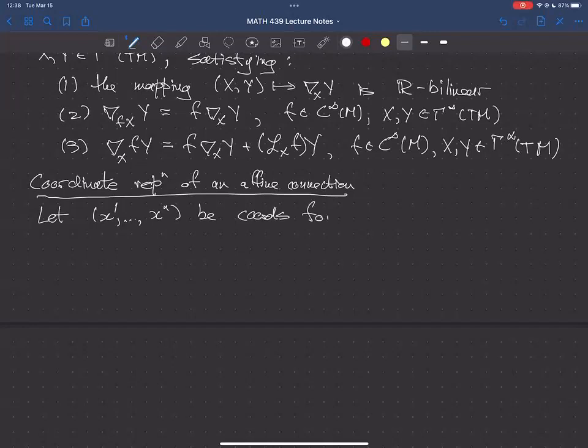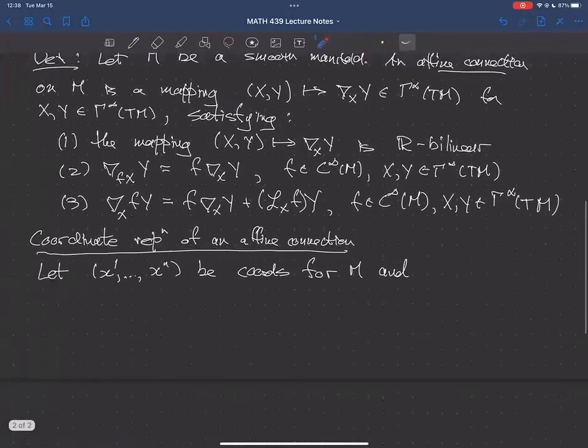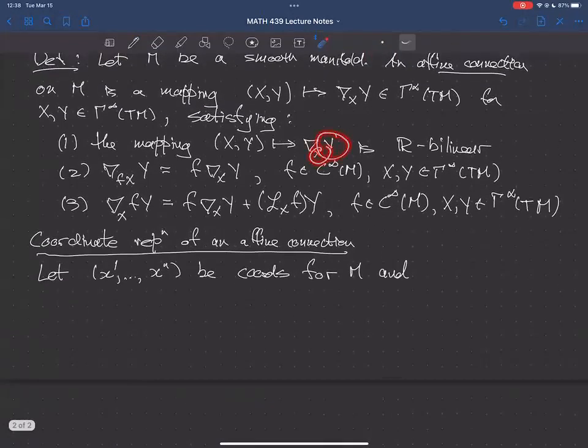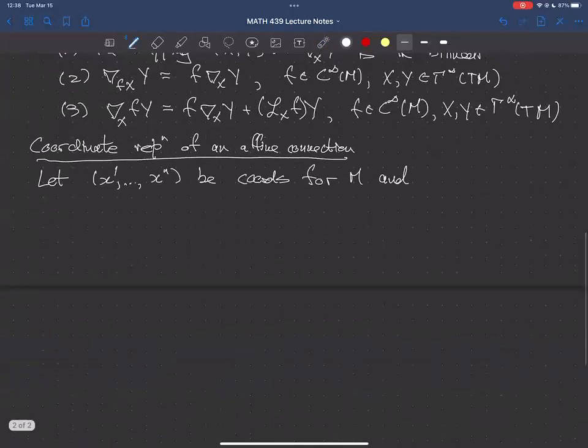Little x for M. And then you take your two things you know about, which are X and Y, and you write those in coordinates.